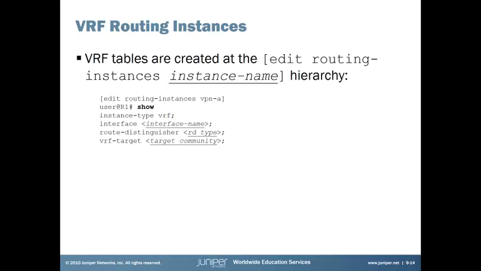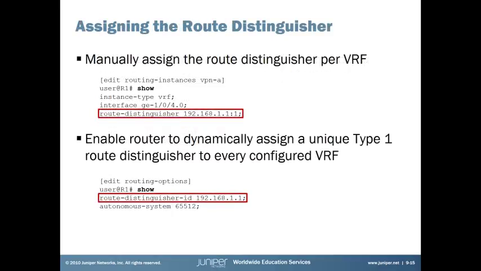We will add an interface to our routing instance. We will add a route distinguisher to our routing instance. We will add a route target to our routing instance. Here's an example of a route distinguisher.